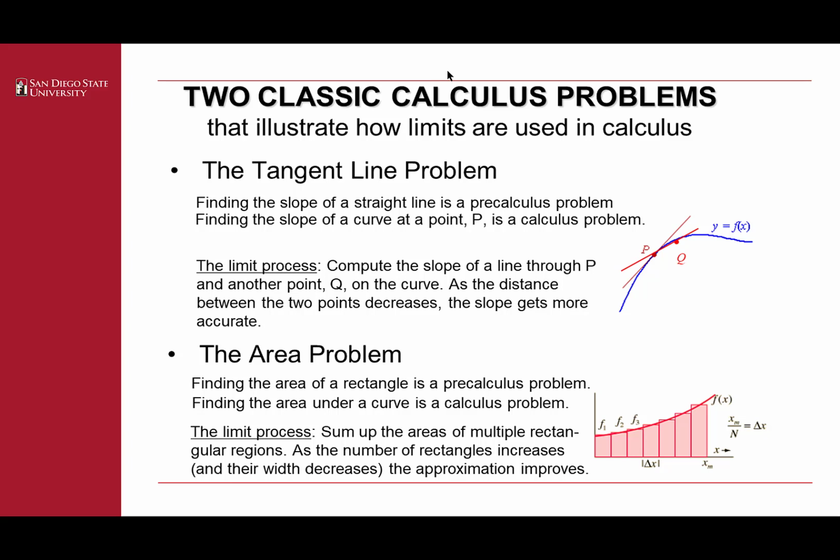So finding the slope of that curve at a given point is a calculus problem. And the limit process is to compute the slope of a line through the point P and another point Q on the curve. As the distance between these two points decreases, the slope gets more accurate.